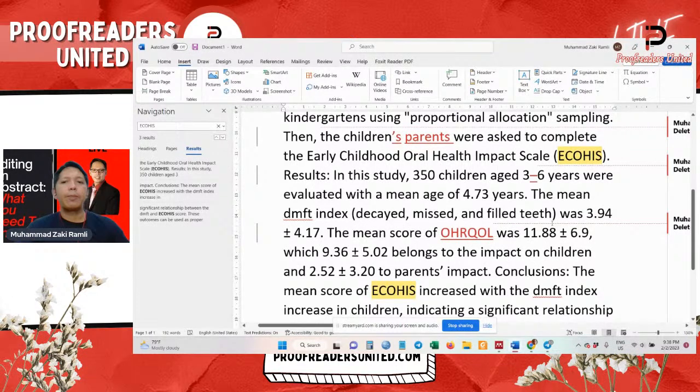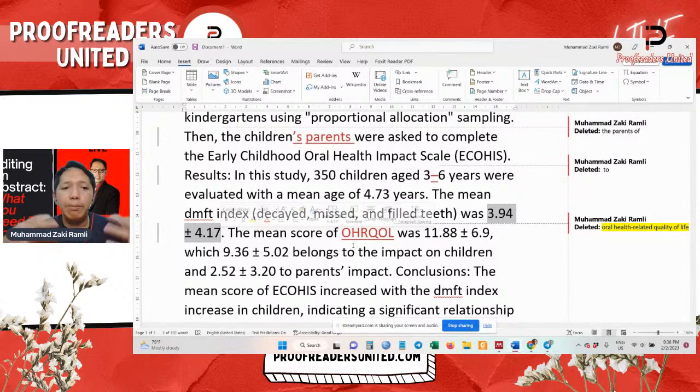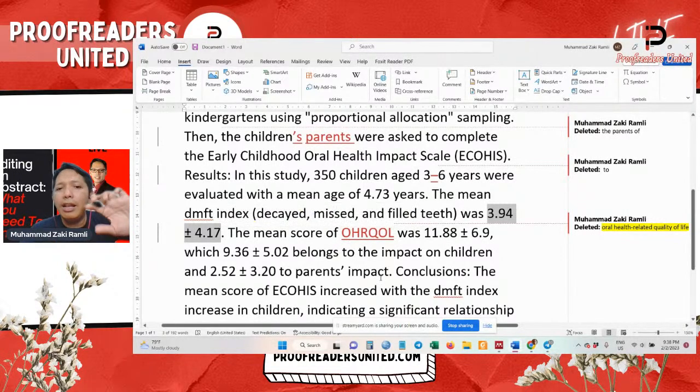The mean DMFT index, decayed, missed and filled, was 3.94. Interesting. I would like to highlight this issue. Do you see that? Not to say it's wrong. Again, possibly it's about preference, and it can also be about presentation. Do you see that we have to see this appearance of the mathematical presentation or expression in different lines?